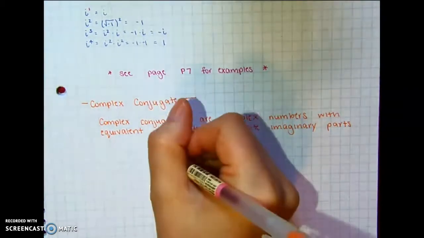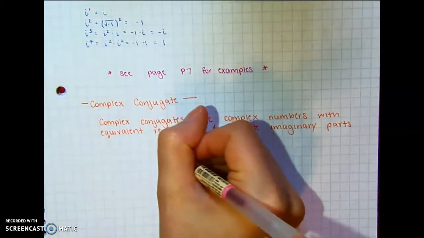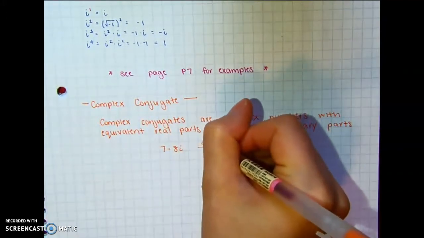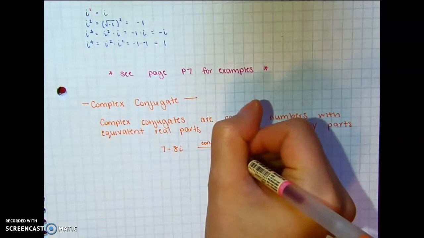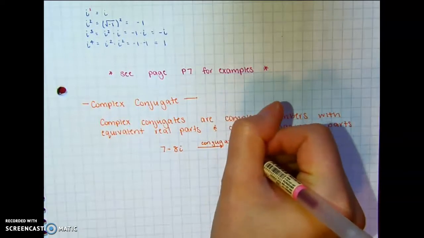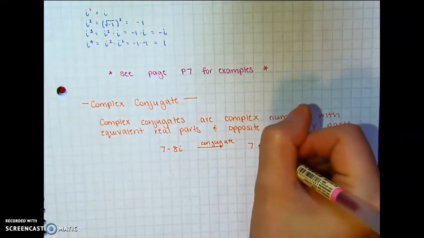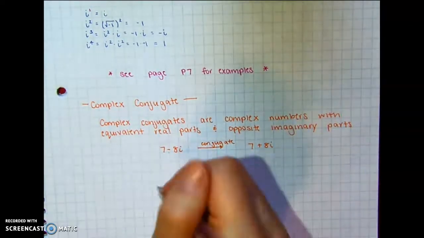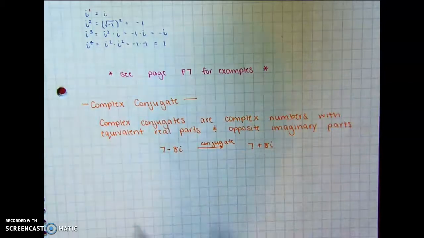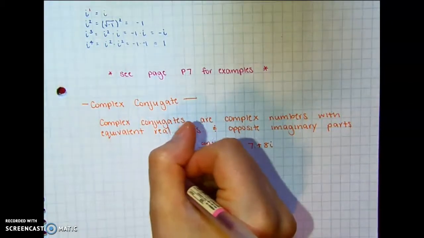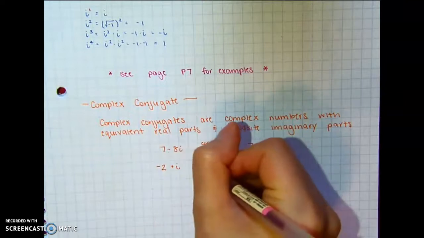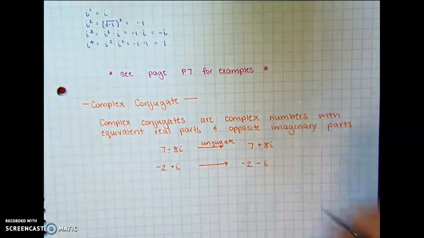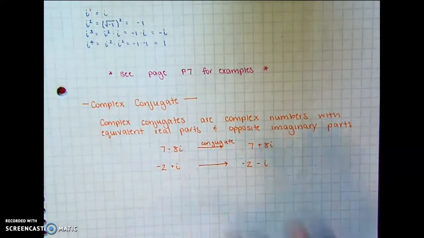So, for example, 7 minus 8i, the conjugate would be 7 plus 8i. So it's just the opposite, like the imaginary part is just the opposite sign. So if I had negative 2 plus I, the conjugate would be negative 2 minus I. So the only thing that changes is the imaginary number.